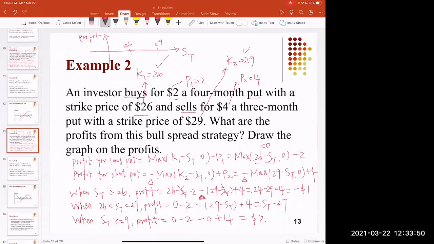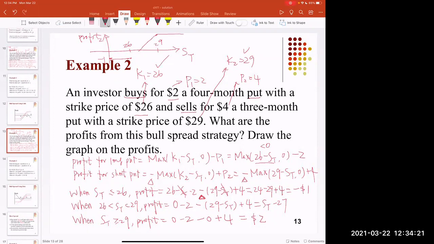When the stock price is less than 26, they have a minimum, the lower, which is -1. Similar to the call, when the stock price is greater than 29, it is $2 positive.